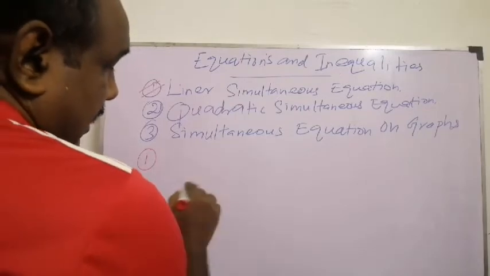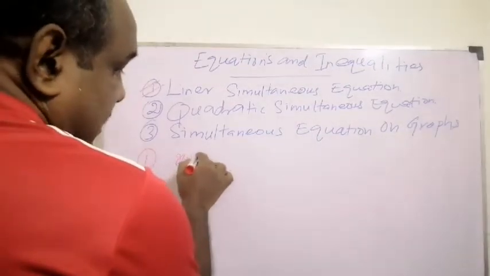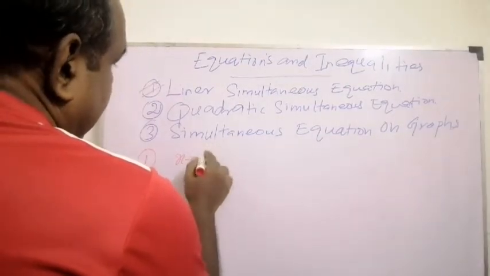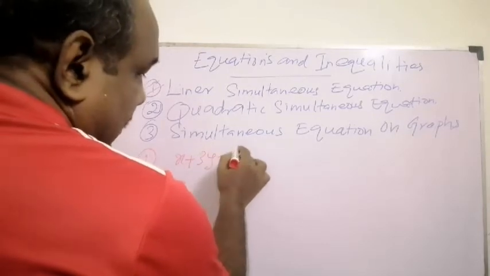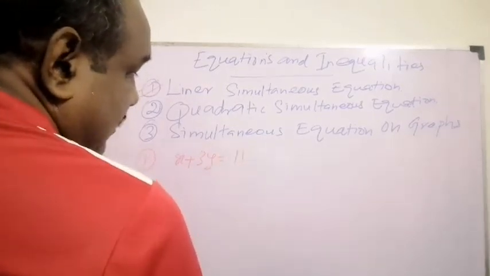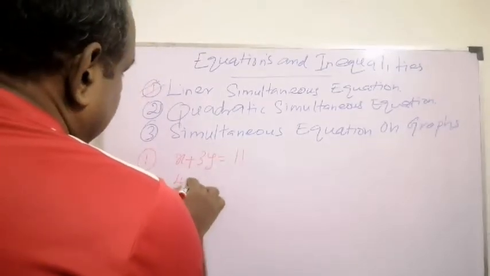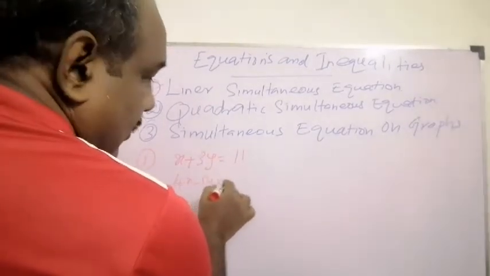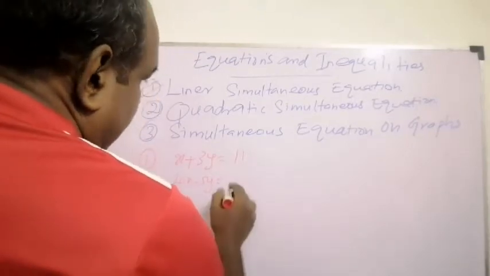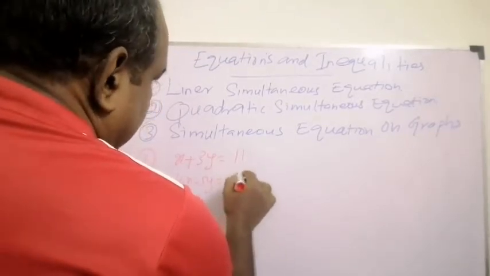For example, if they have given x plus 3y is equal to 11, and the next one, 4x minus 5y is equal to 10.